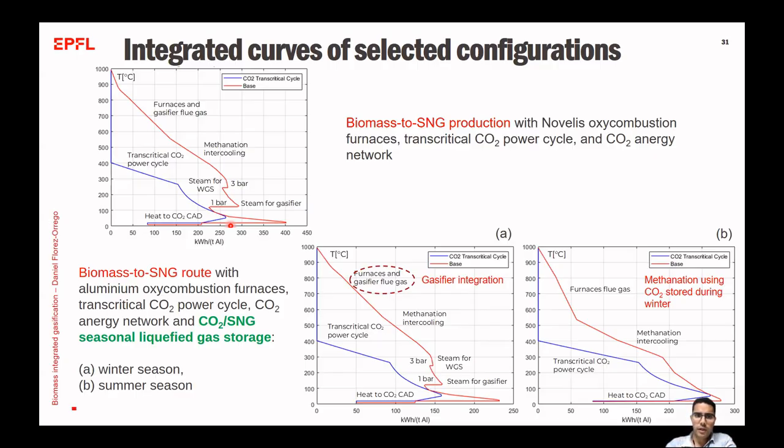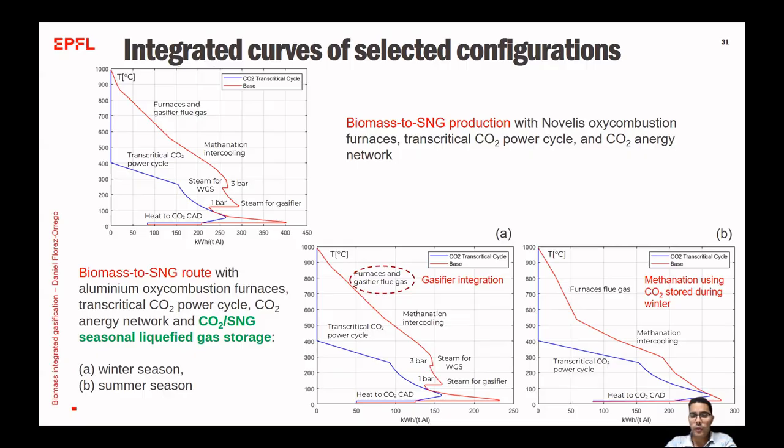We can also think about how it looks when we change the availability of electricity and biomass along the year. In these two configurations here, we see that during the summer, the methanation is only used to produce fuel that is going to be used in the winter.